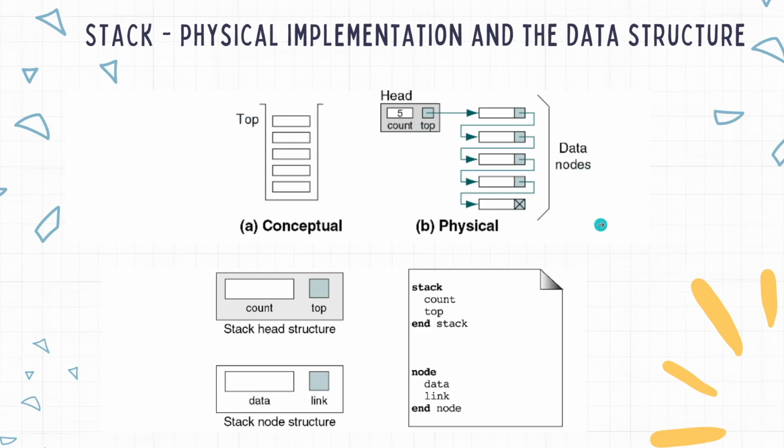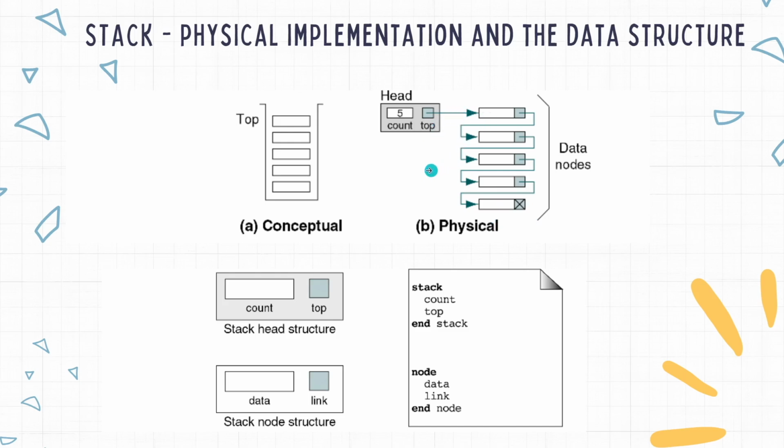So, when we think of its physical implementation, you could see that just because the stack contains 5 elements, we have 5 nodes, and all the nodes are linked, that is every node has the address of the next node, and the bottommost element of the stack is denoted by this node whose address is null, and a pointer named top points to the first node in the list.